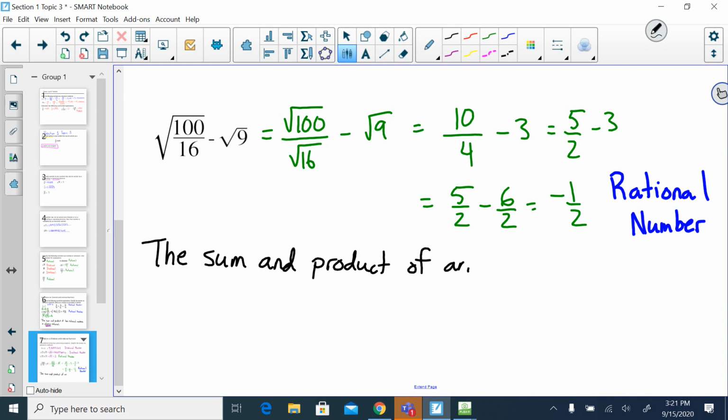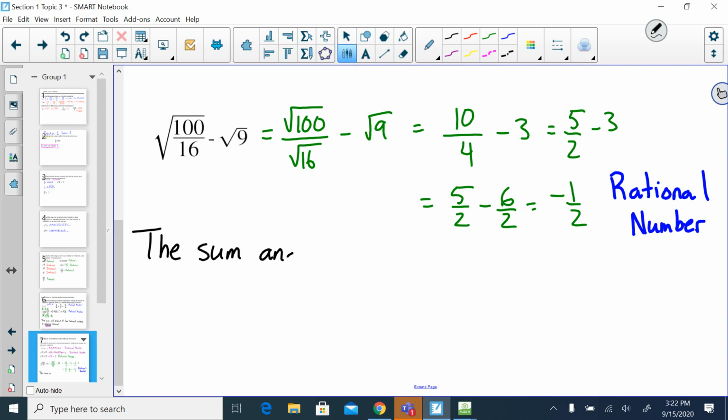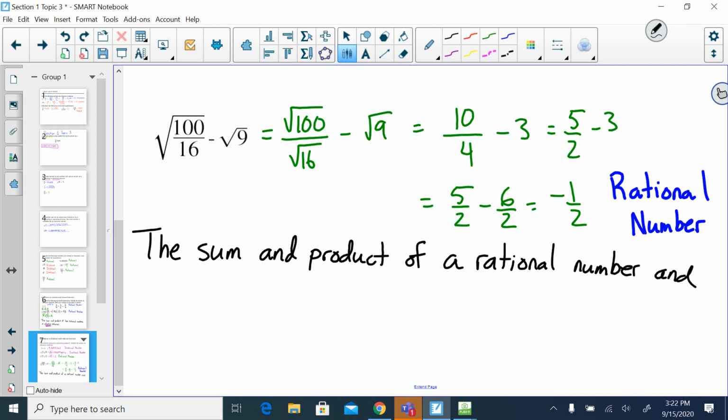Okay, let me say this one more time. The sum and product of a rational number and an irrational number is irrational.